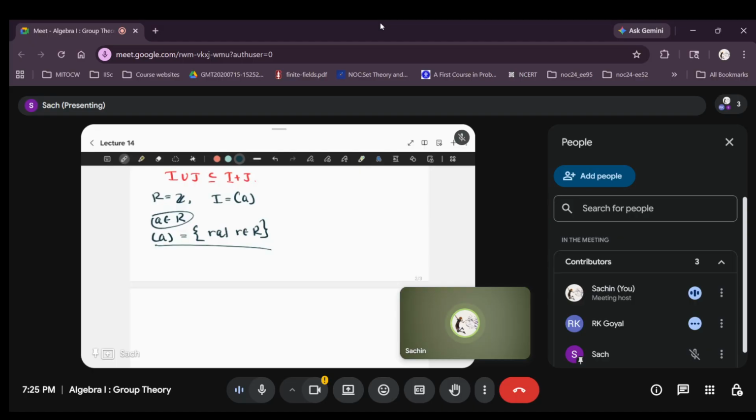Most of the time, you are given some set and you are asked to prove whether it is an ideal or not. So there's no standard method to form an ideal. This is one way of getting an ideal. You took the ring Z, you picked the element A equal to 2 belonging to Z, then you multiplied all elements of the ring by that element. You get 2Z. 2Z is an ideal now.